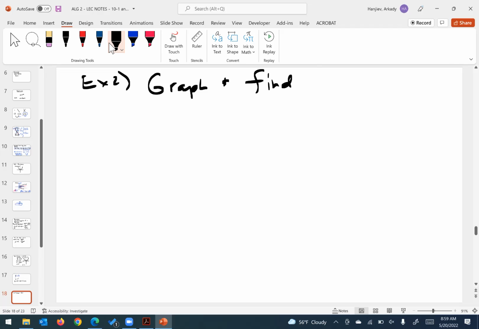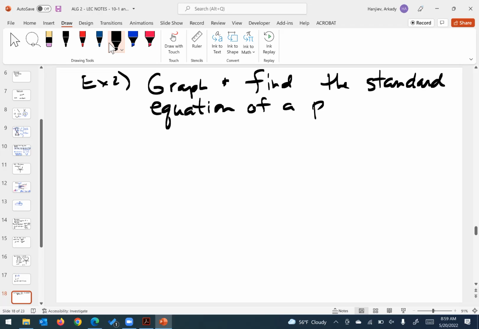Graph and find the standard equation of a parabola. Lots of writing here, guys, because I'm trying to put it in words so we can then write down the formula.